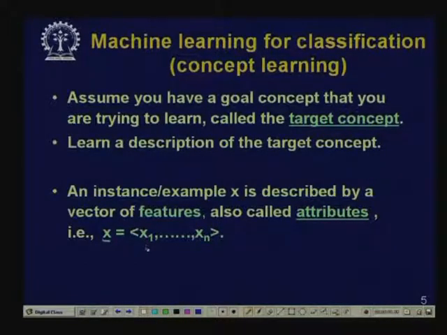X consists of n values x1, x2, ..., xn. x1 is the value for attribute 1 for this instance. xn is the value of attribute n for this instance. So, for the learning problem, we have a number of attributes or features, and each instance is described by its value for each of these attributes. Our training set consists of a set of such training examples.